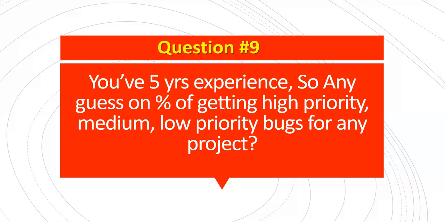Let us say 10 is to 30 is to 60: 10% high priority bugs, 30% medium priority bugs, and 60% low priority bugs. You can say some kind of percentage like this. Whenever you get this kind of question, we cannot say the exact number, but you have to remember some percentage based upon your previous experience and previous projects.